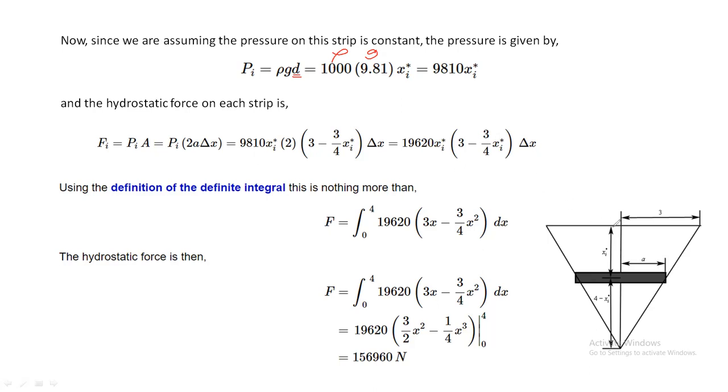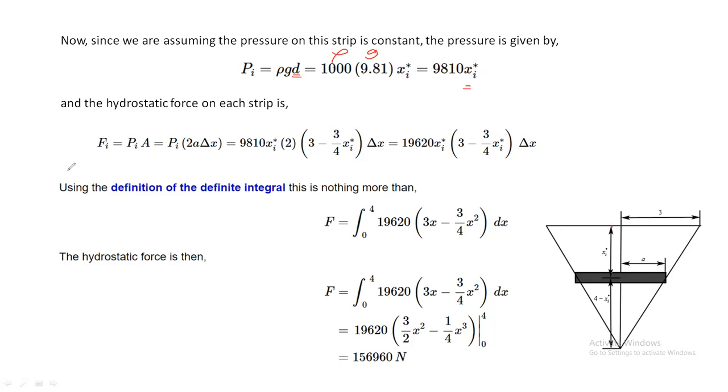This is your x from here up to here, the location of this rectangular plane. That is why you have your x sub I asterisk. So now your pressure, which is constant, is represented in terms of x sub I asterisk, which tells you the distance of this differential area or strip from the surface of the water.